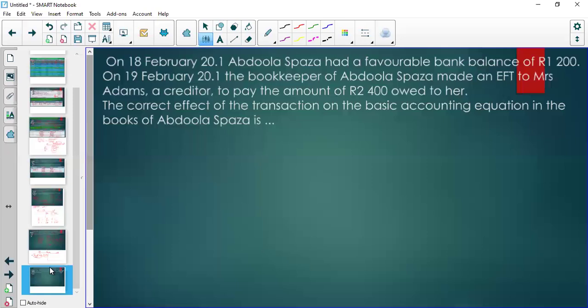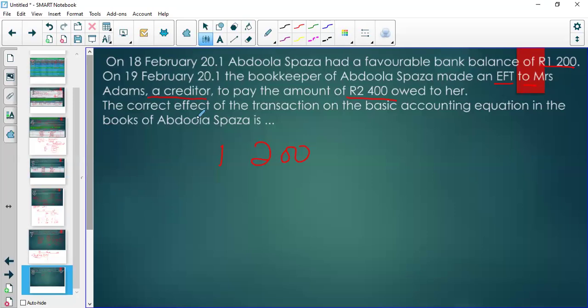Then finally, we come to this. Is it the same question here? I hope not. So the entity had a favorable bank balance of 1,200. So in the account, there was 1,200. Then we make a payment out of that bank account, an EFT to a creditor. A creditor is someone who gave us their inventory or some service, and we haven't paid yet.